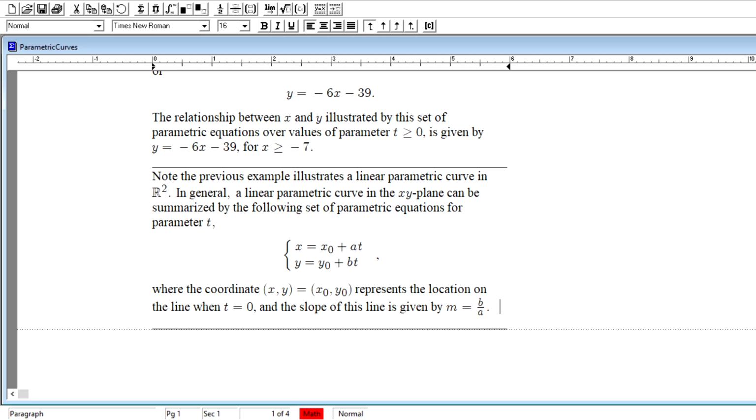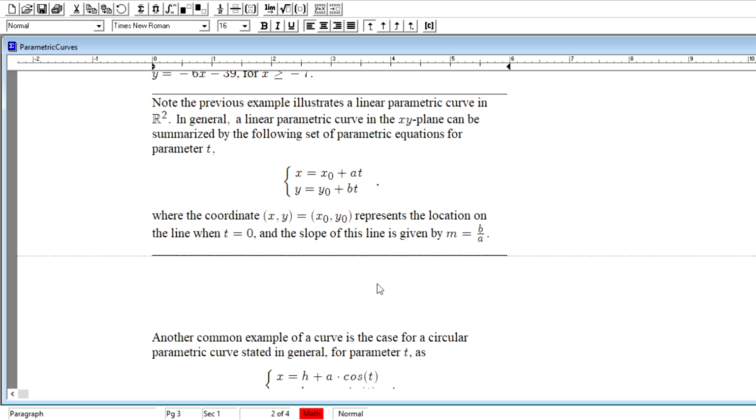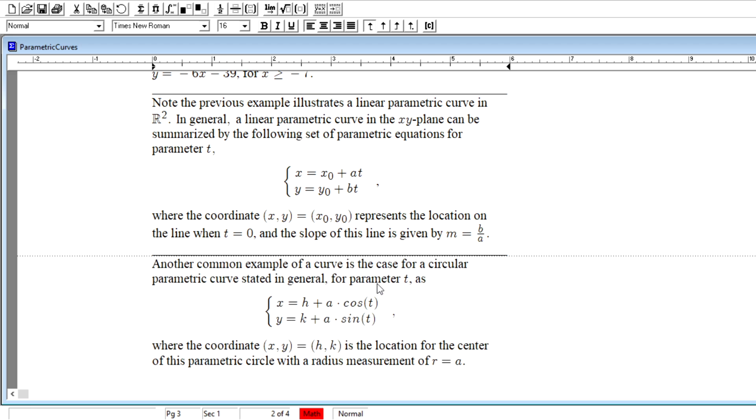Now, another common example of a parametric curve we encounter, with a little different behavior than a linear curve, is the circular parametric curve, which can be stated in general for parameter t as follows, where x is equal to h plus a times the cosine of t, and y is equal to k plus a times the sine of t.